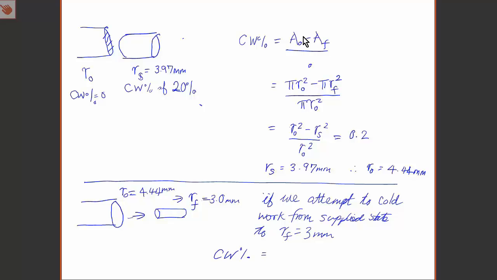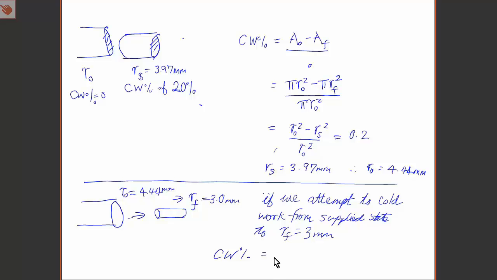But remember, this A naught is the original area in its non-cold worked state. We don't use the cross-sectional area in the supplied state in this equation when we're calculating the percentage cold work.